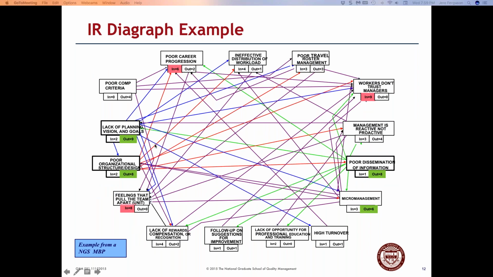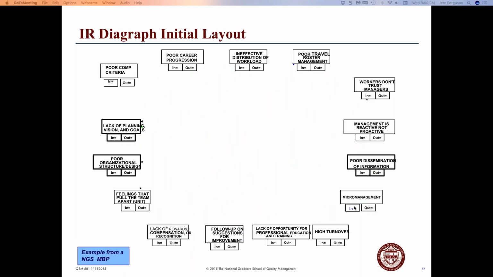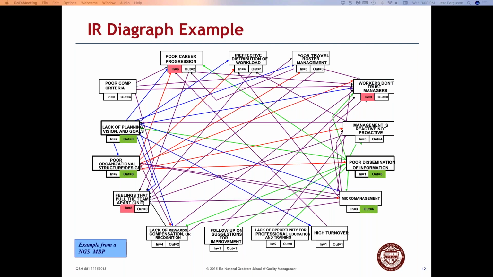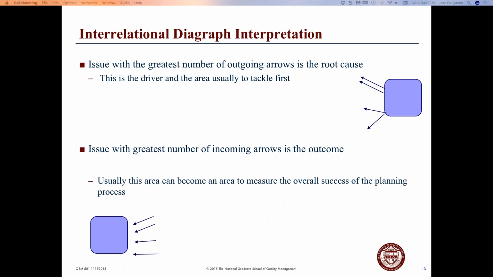So if you were looking for root cause analysis, you would start by looking at lacking of planning, vision, and goals, poor organizational structure design, poor dissemination of information, and micromanaging. Those 4 elements are, according to whatever this problem was, retention, whatever, the 4 primary causes of root cause for this process.